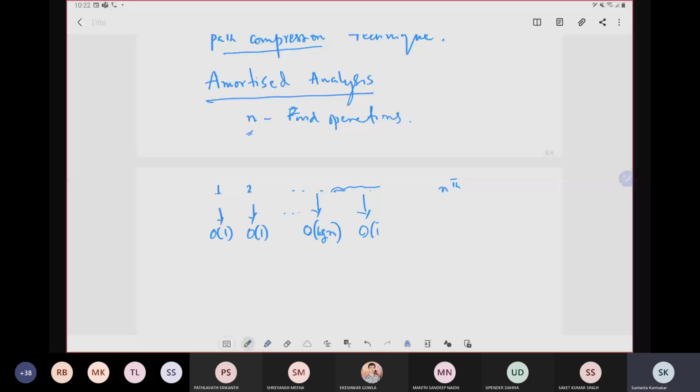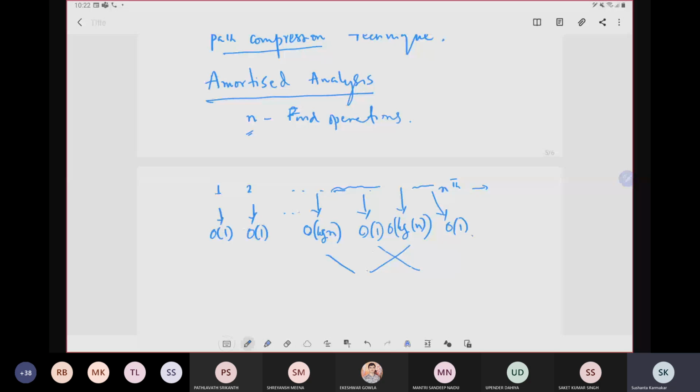Then again, in some part it may require log n operations, and subsequent things will be constant. So it can be argued that out of n such find operations, only a few are log n, and most of them are actually constant.